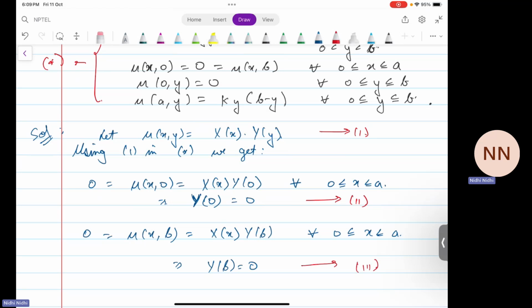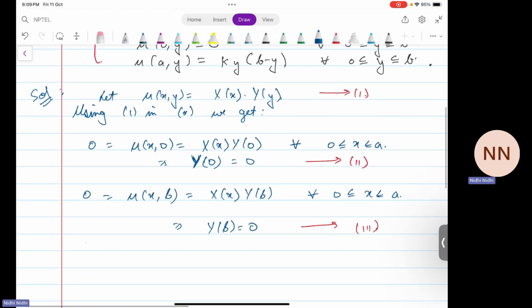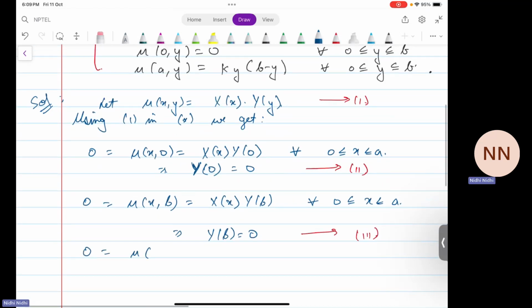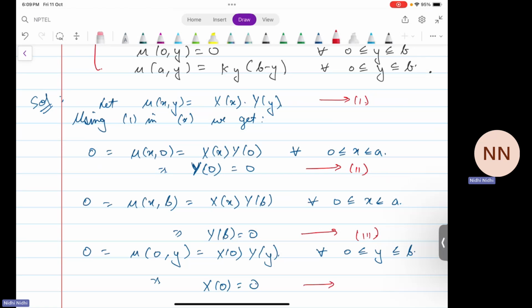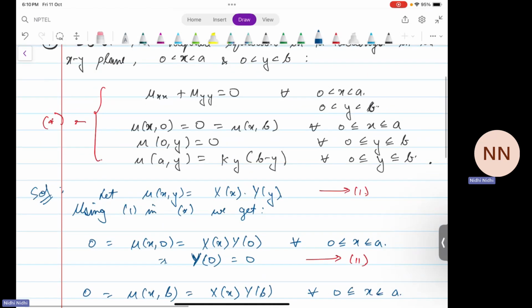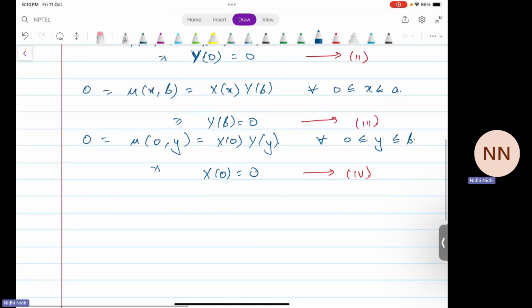Then we have u(0,y) equal to 0, which is X(0)Y(y), for every 0 less than or equal to y less than or equal to b, and this gives us X at 0 is 0. Fourth.